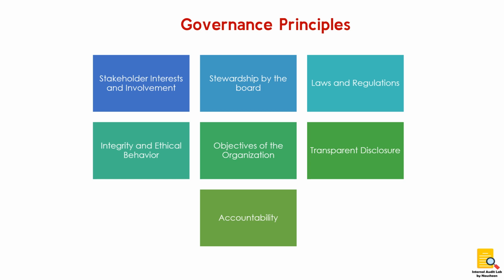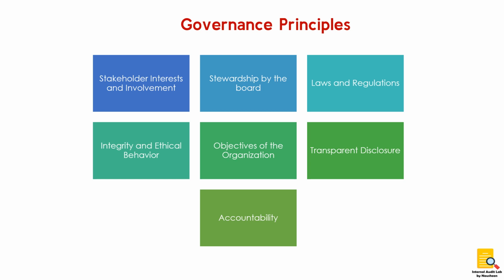Number 5, objective of the organization. The organization's objectives also contribute to its governance and are used to measure organizational and individual performance. Clearly defined objectives help organizations in shaping their mission, vision, and strategies in a manner that enables a balanced range of performance measures.